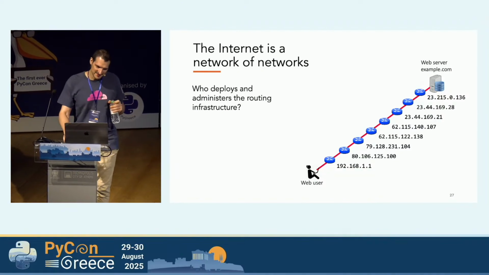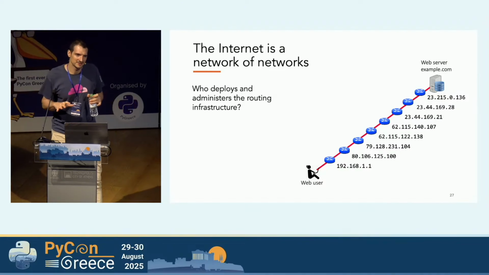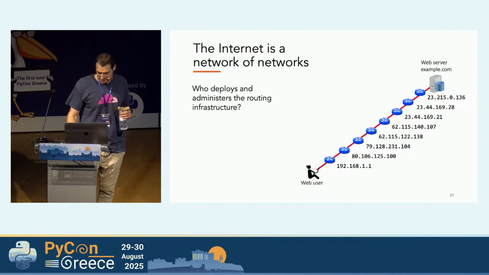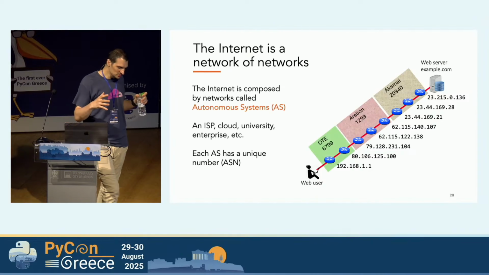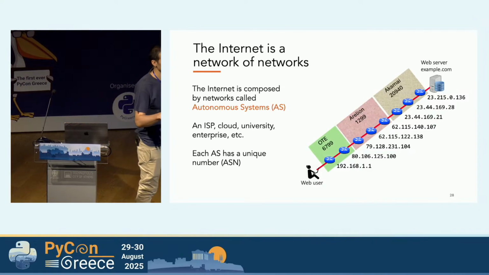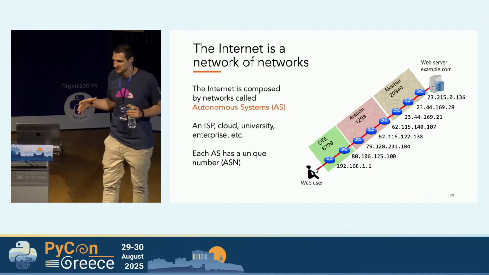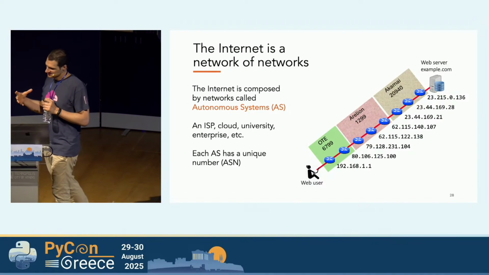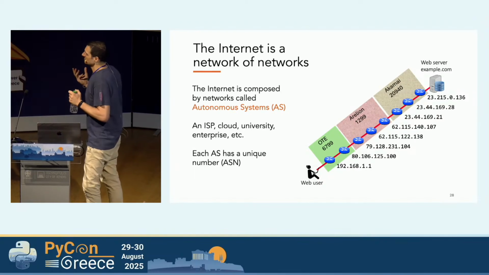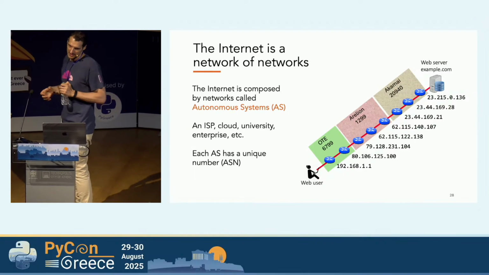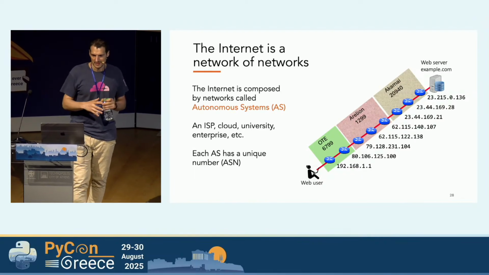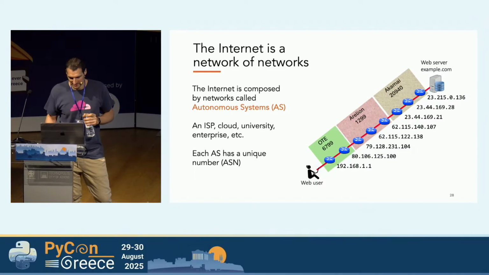And the answer is that the internet is not a monolithic network, right? The internet is a network of networks, so it's composed by thousands of individual networks called autonomous systems. And these are networks like an ISP, like a university, like a cloud provider, which interconnect with each other in order to enable this global reachability.